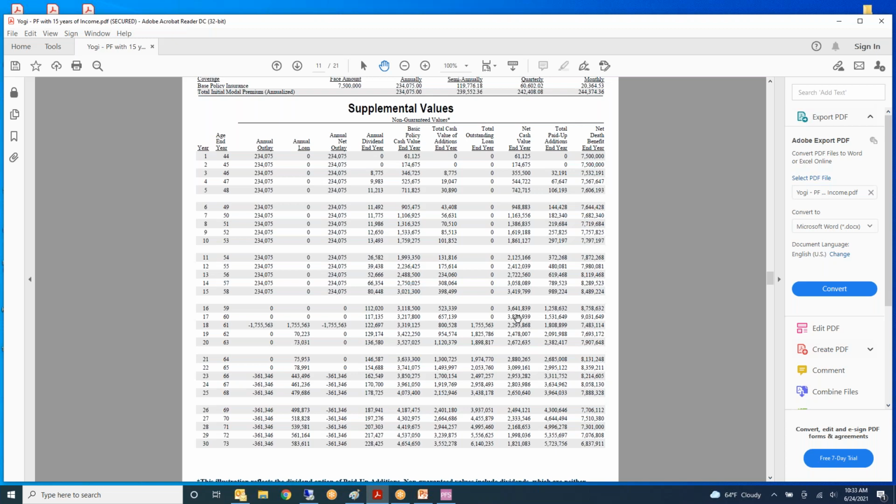Sometimes you may let the policy grow longer, or you fund it with even more premium, but we're working with this policy right now and see if it can somehow work, okay? So the solution is to take out 1.7 million, and you still have about $2.2 million left, and you let it grow for maybe 2 or 3 or 4 more years.